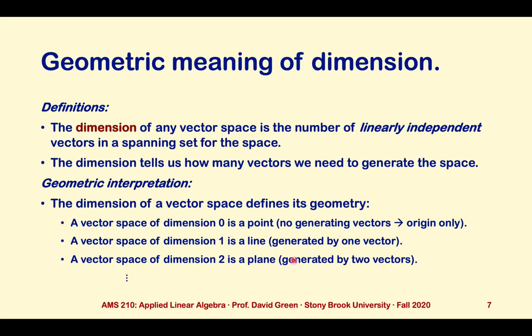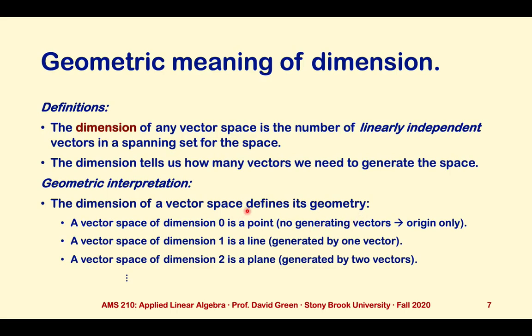And we can also move in the other direction by 1 unit and ask, what does it mean to be a vector space of dimension 0? Well, that's a point, in fact, the point at the origin, and this is the case where we have no generating vectors. Every vector space has to include the origin, so if we don't give anything else, that's the only thing we have.